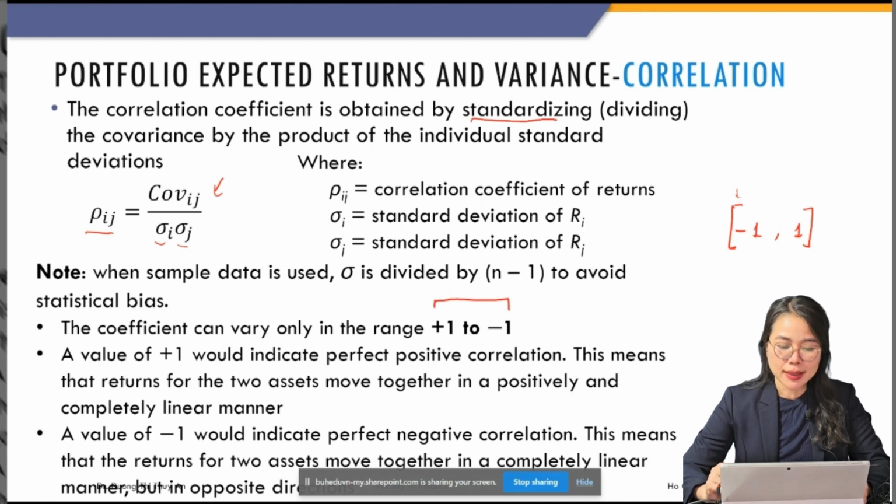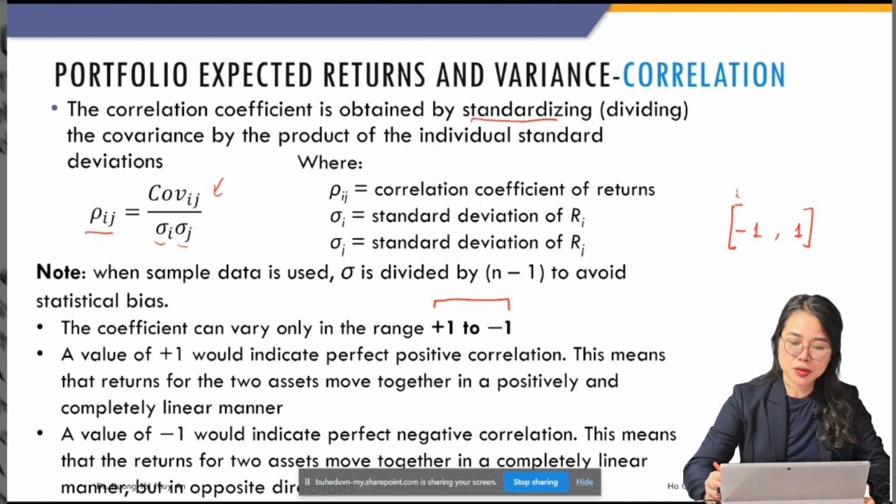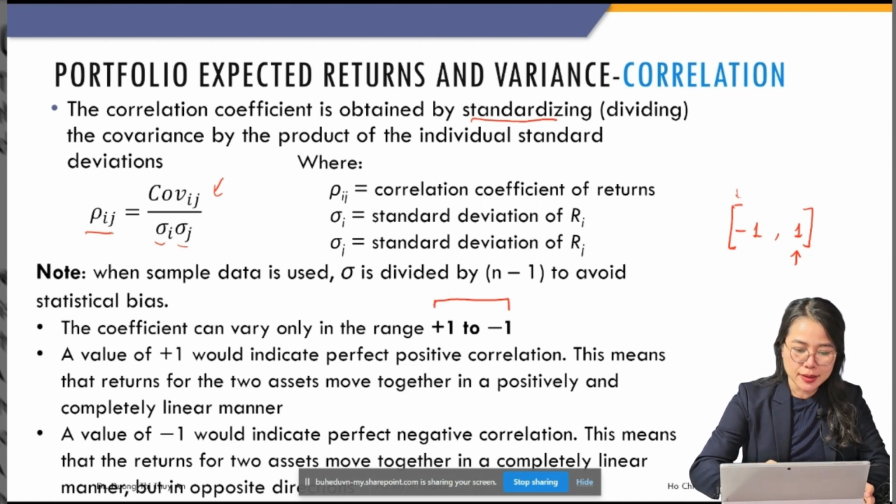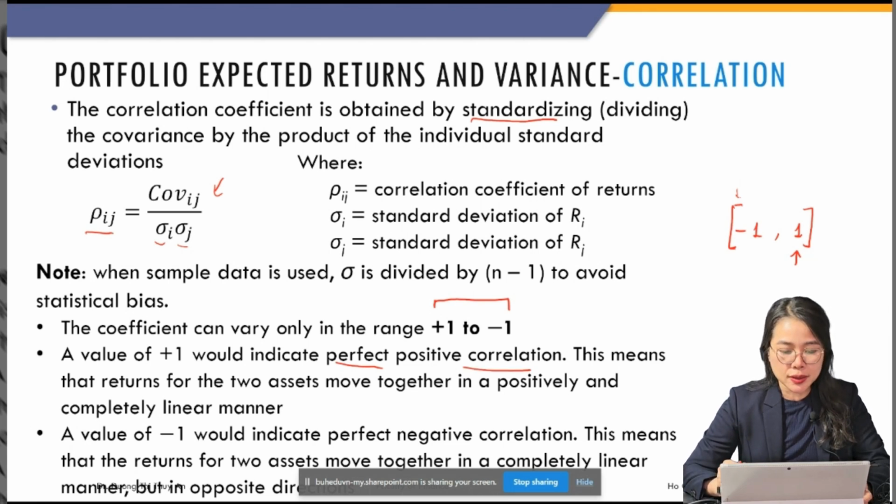When the correlation is equal to 1, we say the two assets are perfectly correlated, or the two assets have perfect positive correlation.